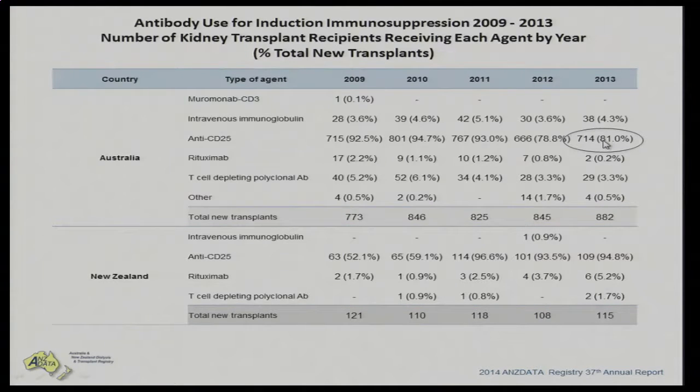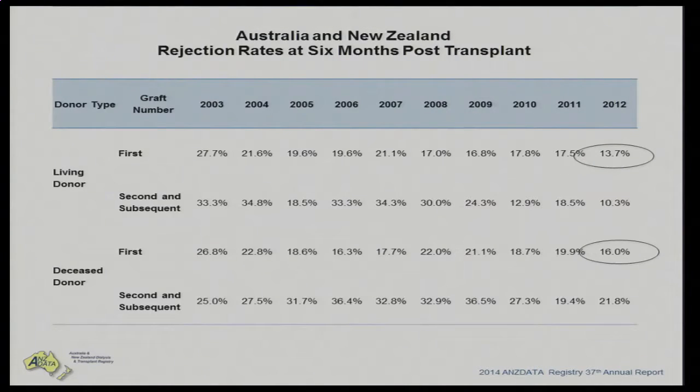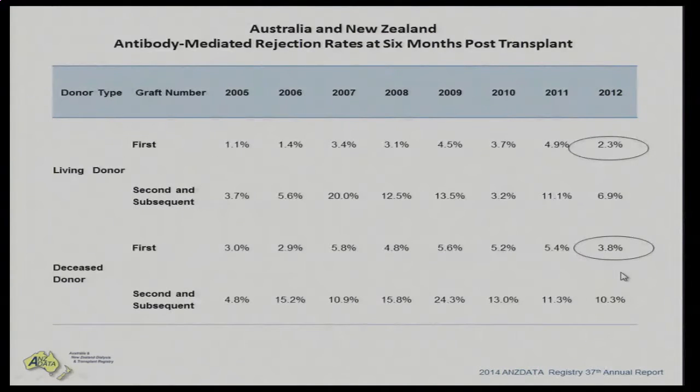So the combination of IL-2 receptor blocker, prednisolone, mycophenolic acid, and tacrolimus, essentially the Symphony protocol. Rejection rates around 13% in living donors and about 16% in deceased donors. And then finally, antibody-mediated rejection rates are much lower, 2% and 3%, but more difficult to treat.